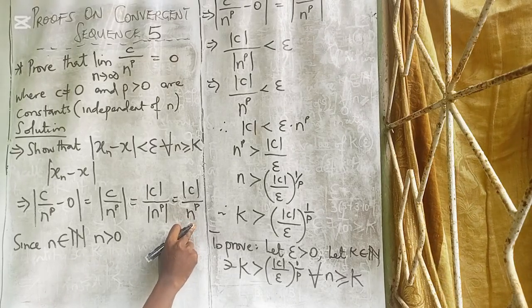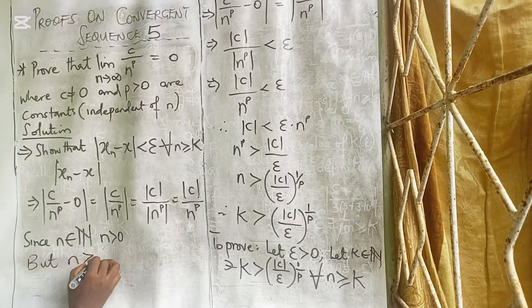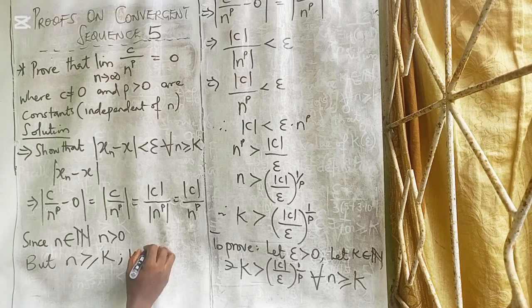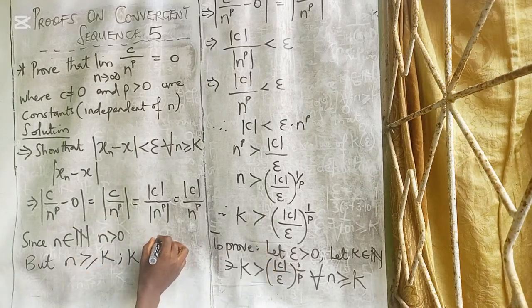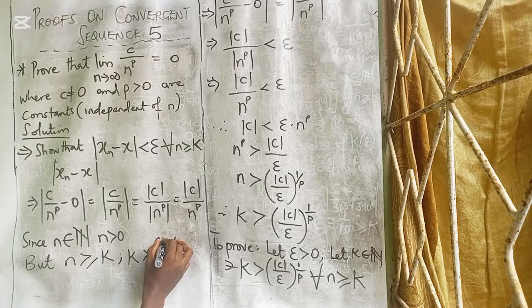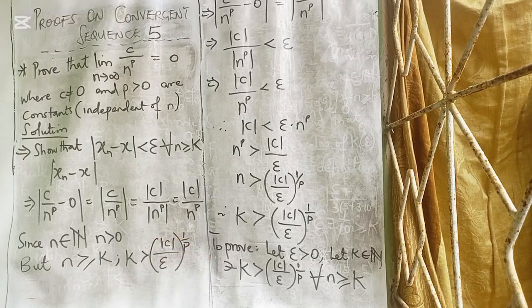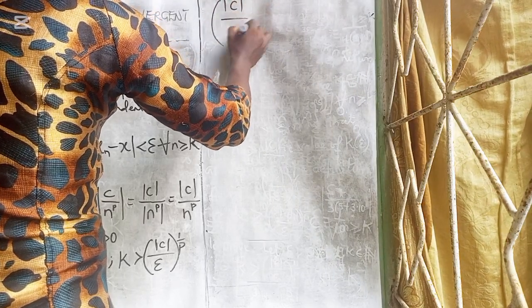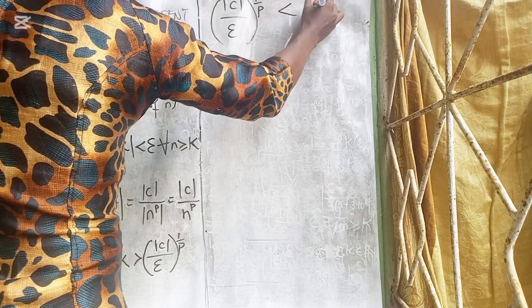But our n is greater than or equal to k, where our k is greater than the absolute value of c over epsilon all raised power 1 over p. It means that the absolute value of c over epsilon all raised power 1 over p will be less than k.